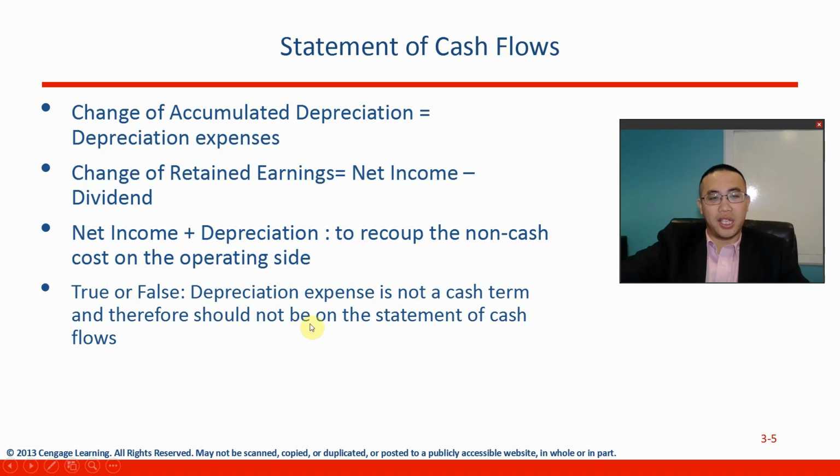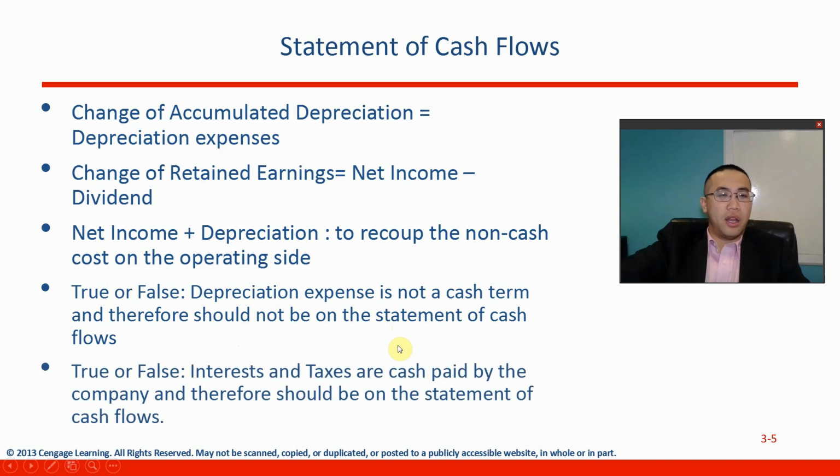However, depreciation is on the statement of cash flows because depreciation represents the change of accumulated depreciation, and we need depreciation and net income together to get operating cash flow, which is sales minus operating expenses minus interest minus taxes, and all these four components are cash. So we do need depreciation to be on the statement of cash flows.